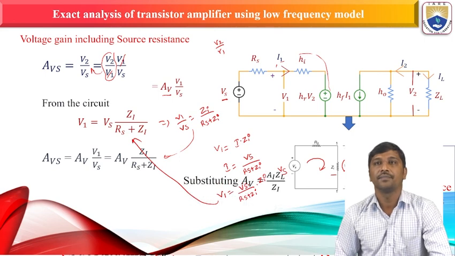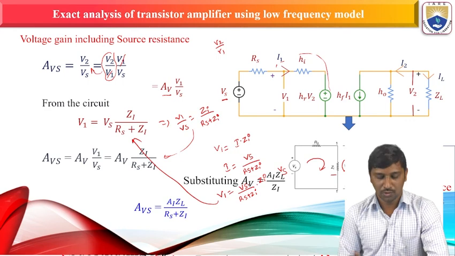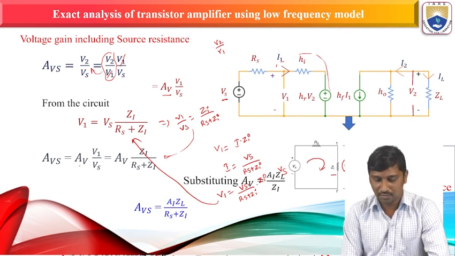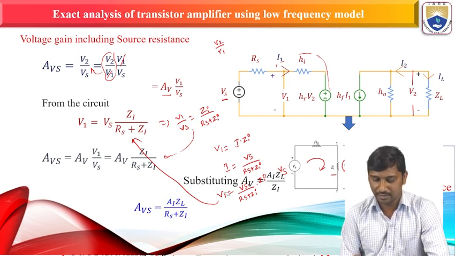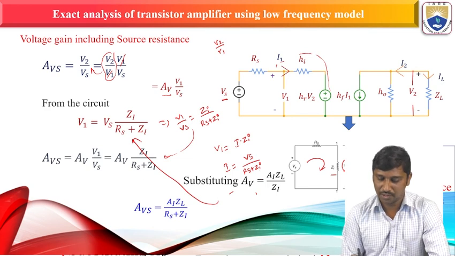Similarly, we already observed the voltage gain AV is represented as AI times ZL by Zi. Now you can substitute this parameter also here.